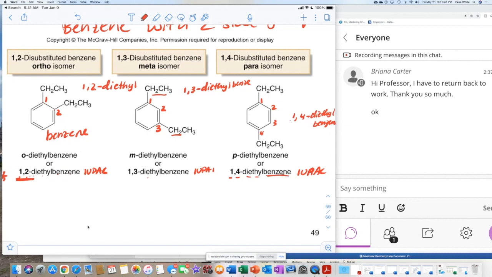And then 1 and 4 is para. So para is when you have one group in position 1 and then the second group way across. And then meta is when you have one group in position 1, the second group kind of like 2 carbons away. And then the ones where you have the side groups close to each other is called ortho.